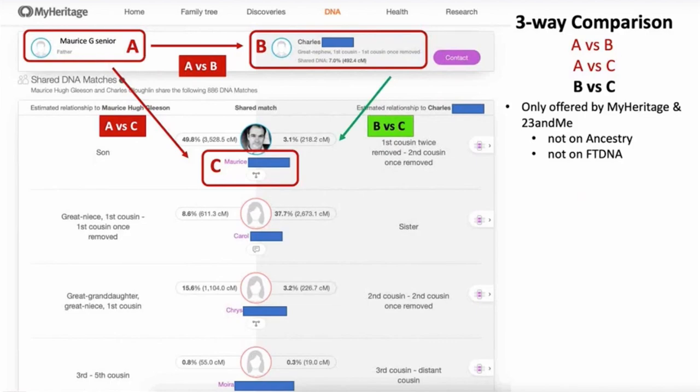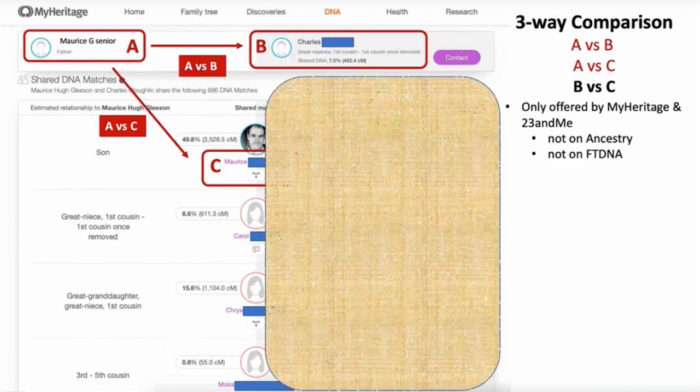This type of comparison, which shows how much your matches share with each other, I call the B versus C comparison, and you do not get it on Ancestry, you do not get it on Family Tree DNA. They only give you, in effect, half of the analysis.